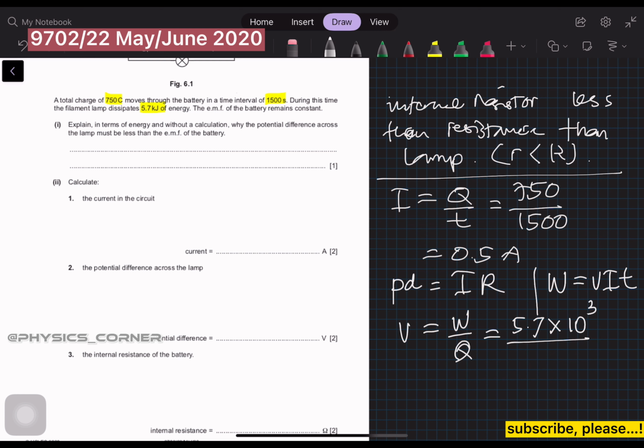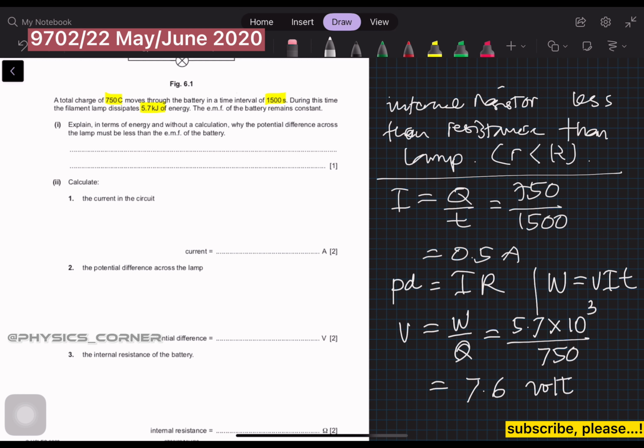Kilo means 1000, or times 10 to the power 3. And Q we have 7.5. So the potential difference is 5.7 divided by 7.5, okay, this is about 7.6 volts. Okay, this is the potential difference across the lamp.